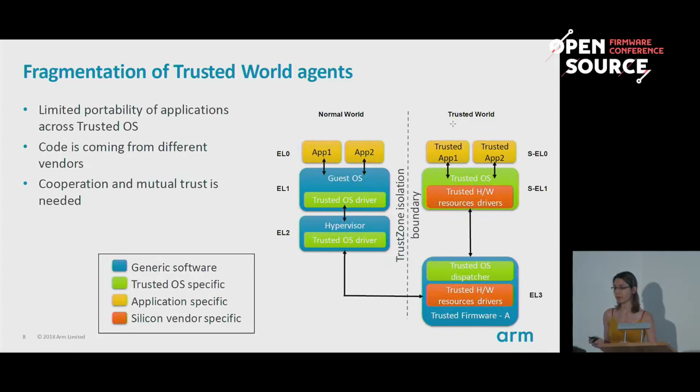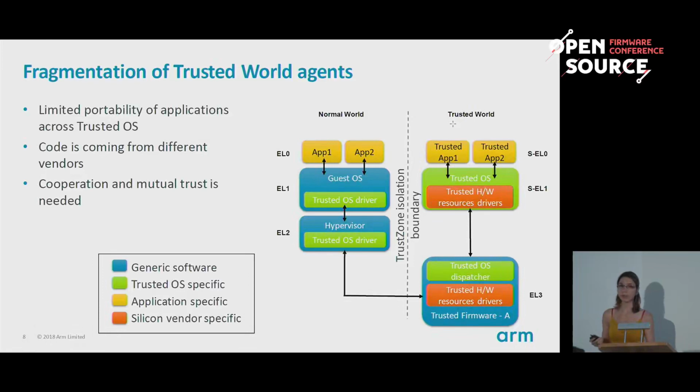The other thing is that the code is coming from different vendors. Obviously there's the trusted OS vendor, like I just explained, but potentially there is also some code provided by the silicon vendor. If you need to access some particular trusted hardware resources, you most probably will need some driver in the EL3 firmware and in the trusted OS.